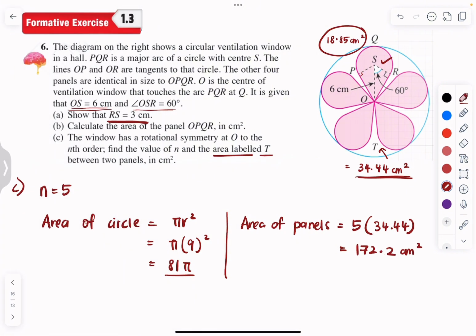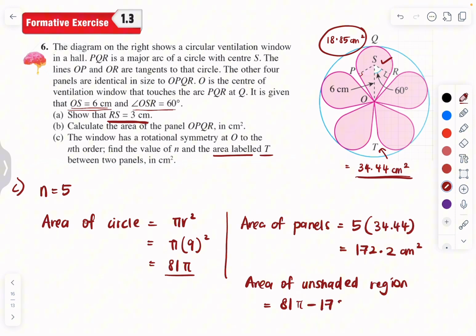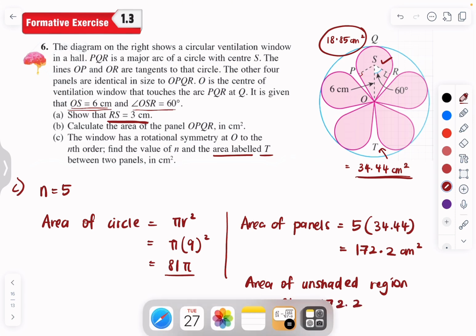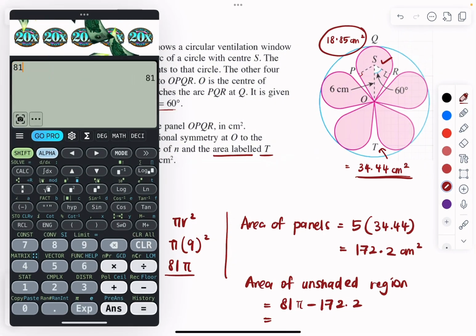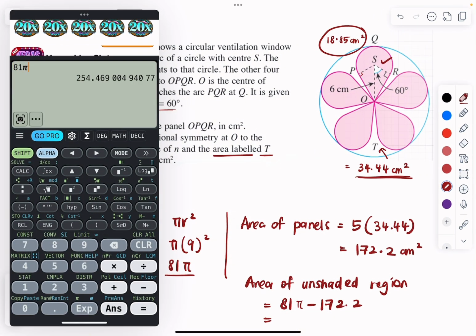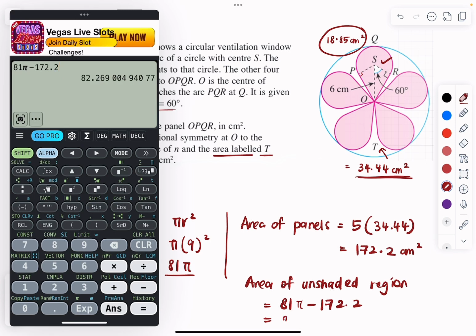Right. Now you want to find the white color area, you just have to minus these two answers. So we can say area of unshaded region is 81 pi minus 172.2, which is 82.27 cm square.